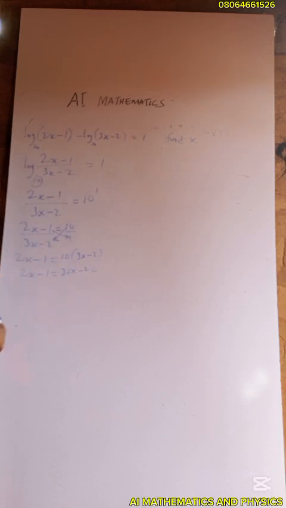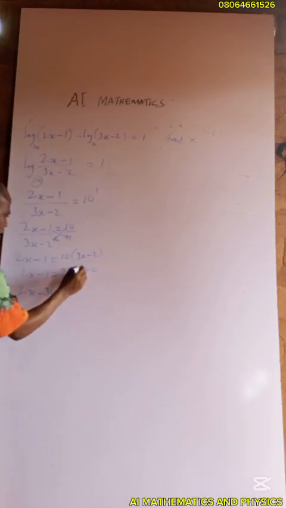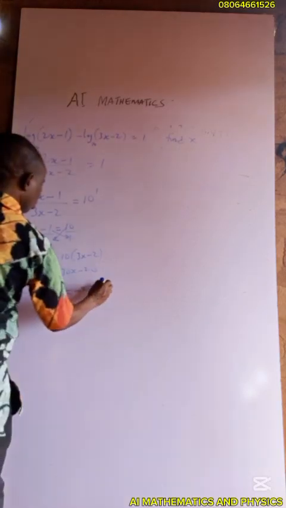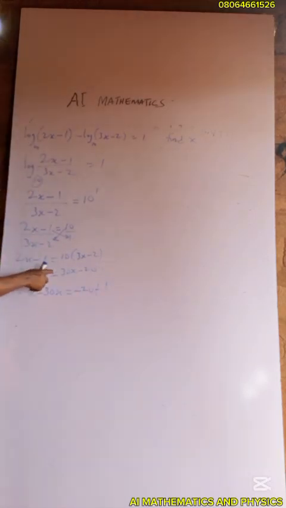We rearrange. We bring the like terms together: this one contains x, this one contains x. This one is plus 2x; when it crosses the equality sign, it becomes minus 30x. This one is minus 1; when it comes over, it becomes plus 1. Any value that crosses the equality sign, the sign will change.